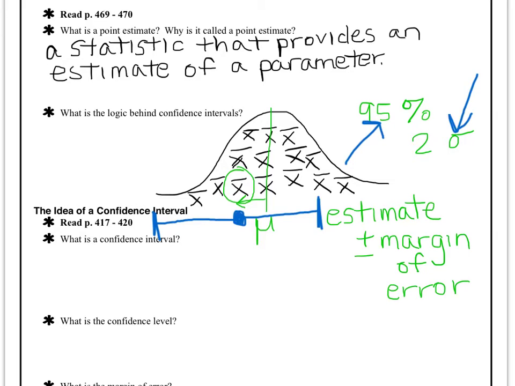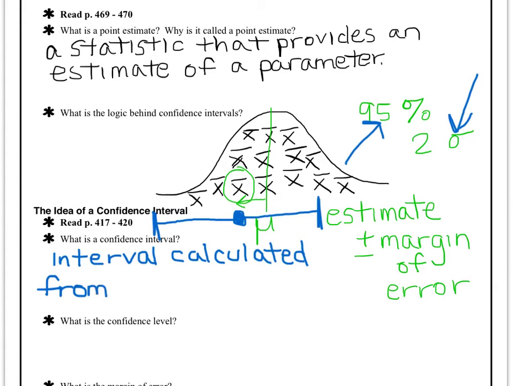So let's get an actual definition for a confidence interval. The actual definition is that it is an interval calculated from sample data, and it has this form: estimate plus or minus margin of error.